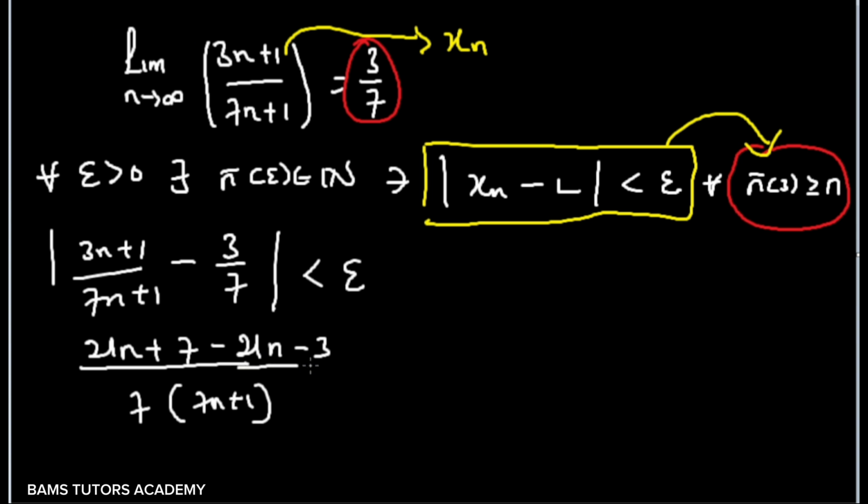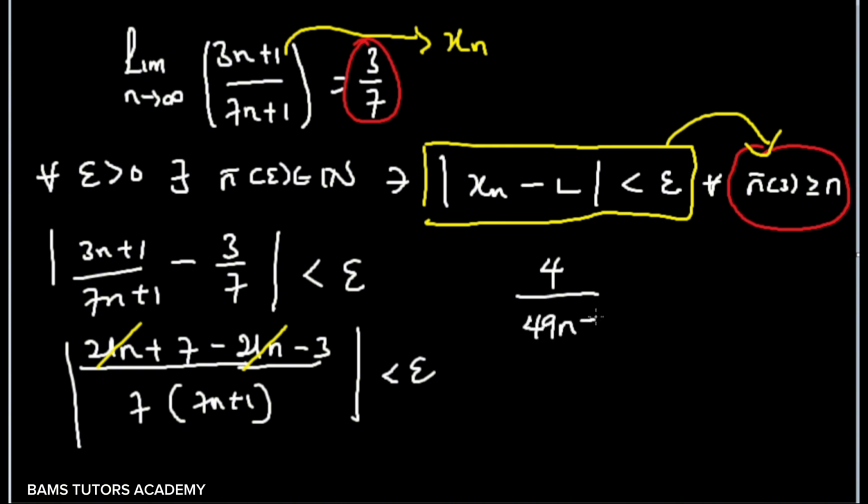Is that okay? So this is less than epsilon, right? So obviously this cancels this. So I'm actually left with 7 minus 3, which is 4 over 7 times the bracket. If I open the bracket, that is 49n plus 7, which is less than epsilon. So because that is less than epsilon, using our comparison test, if I remove this plus 7, it will be less than.